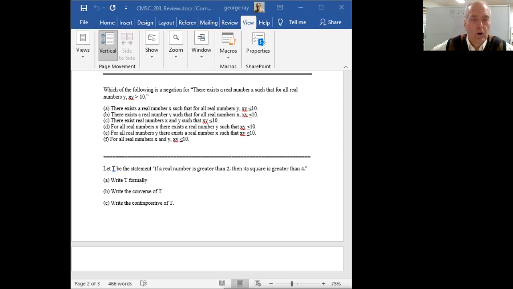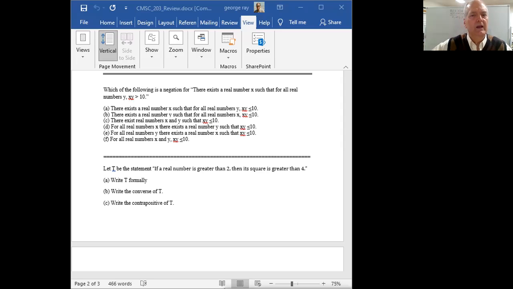which is for all real numbers. So then we have a negation for all real numbers, and a negation of a for all is there exists. So we've gone from this statement, there exists a number such that for all real numbers, to this statement based on the negations: for all real numbers, there exists a real number.